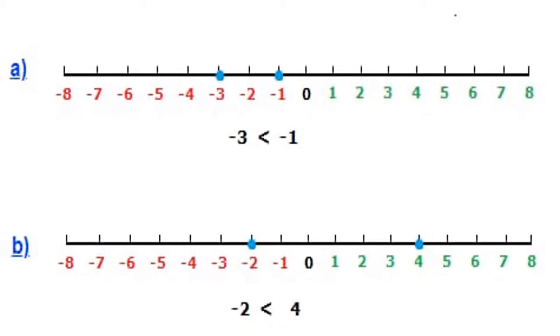So minus 3 is less than minus 1. And everyone of you knows that a positive number is always greater than a negative number. So here two numbers are given, minus 2 and 4. One positive number and one negative number. So minus 2 is lesser than 4. Understood?